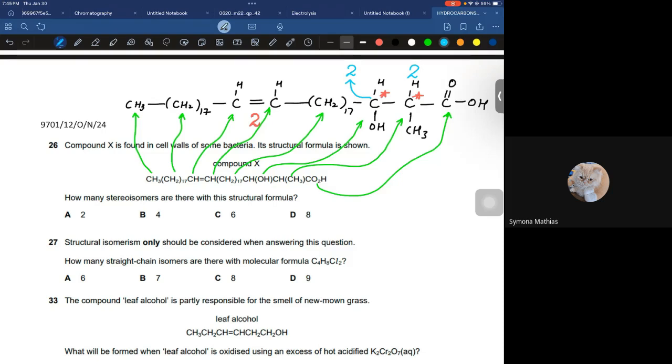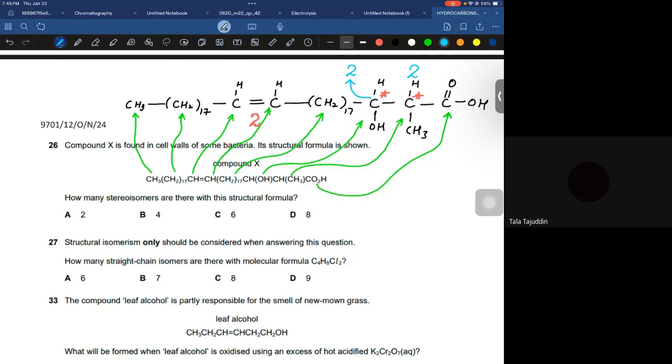Is it because of getting these cis trans isomers? Yes, exactly, it's due to the cis trans isomers. So that's why the answer is D.